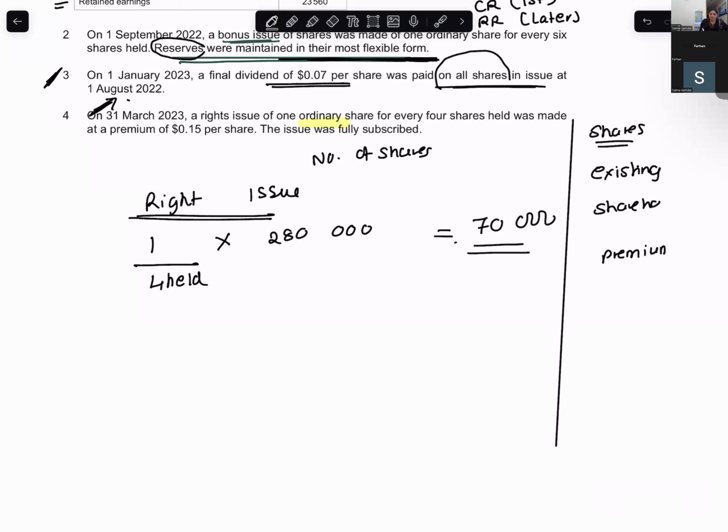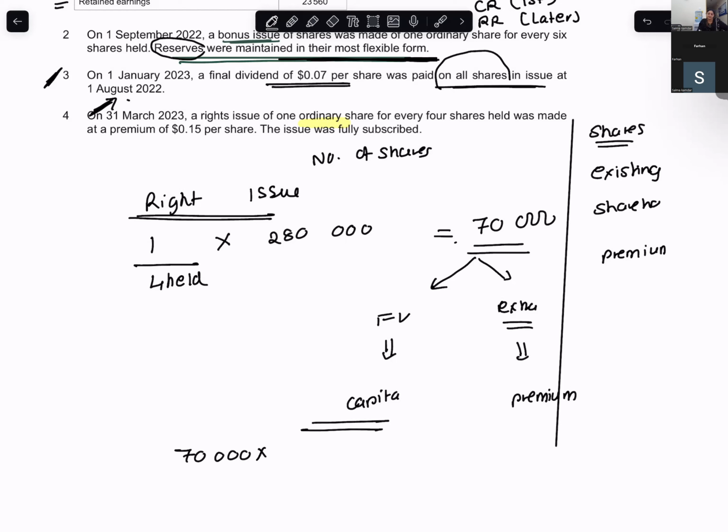So whatever is the face value will go in the capital, and whatever is the extra value that you're going to charge will go in the premium. What is the face value? Our face value is 0.50.